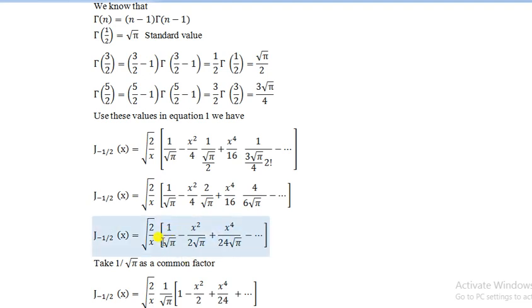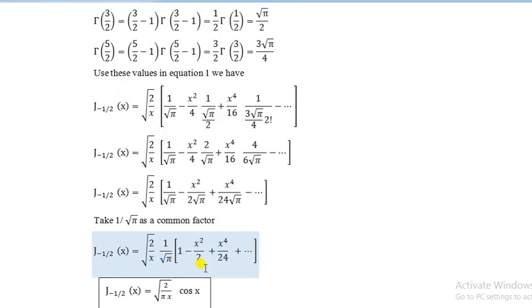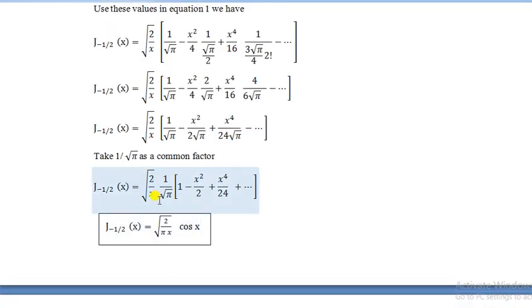So if you take 1 by square root of pi, then the remaining terms are 1 minus x square by 2 for the second term, and the third term is x raised to 4 by 24. And again square root of a into square root of b is square root of ab, that is square root of 2 divided by pi into x here. And we know that 1 minus x square by 2 plus x raised to 4 by 24 denotes the cos series here.